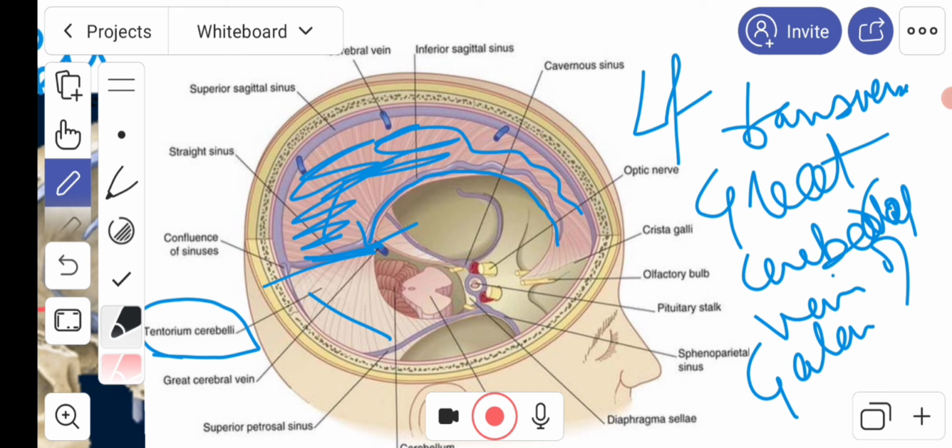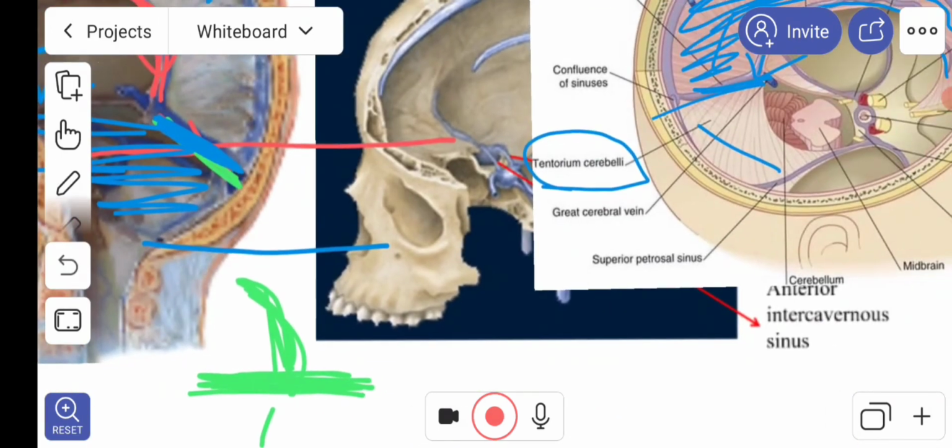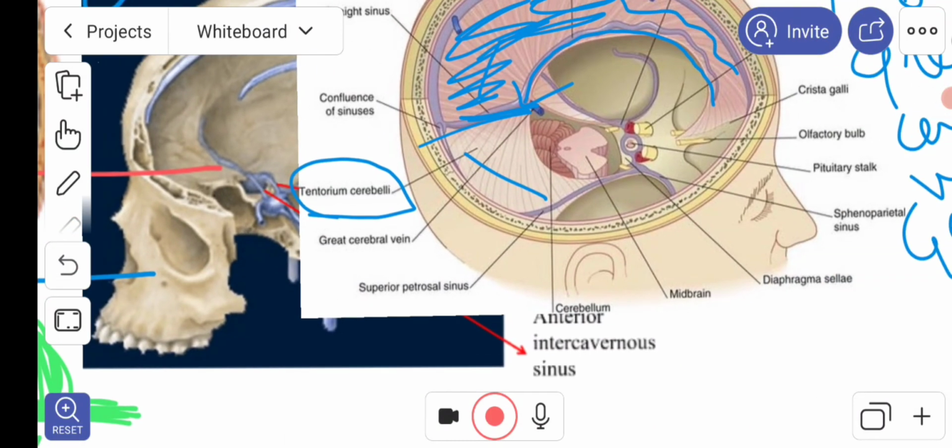Now another unpaired sinus is the occipital sinus. It is the smallest sinus and it is situated along the attached margin of the falx cerebelli.